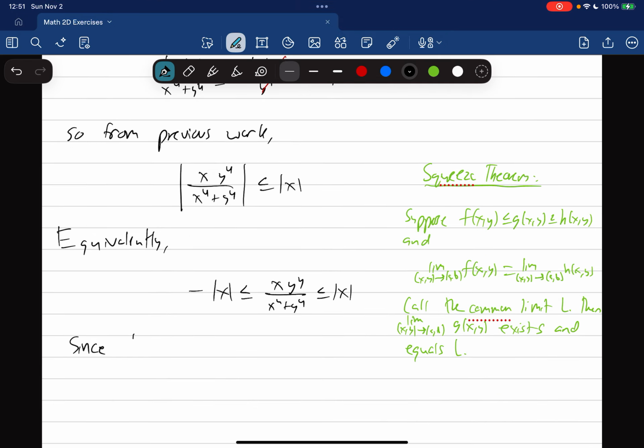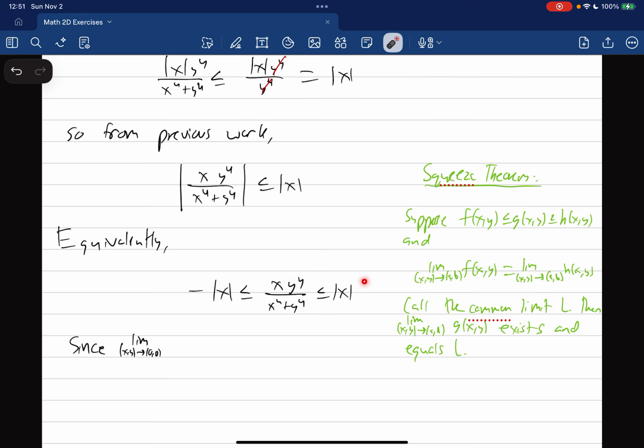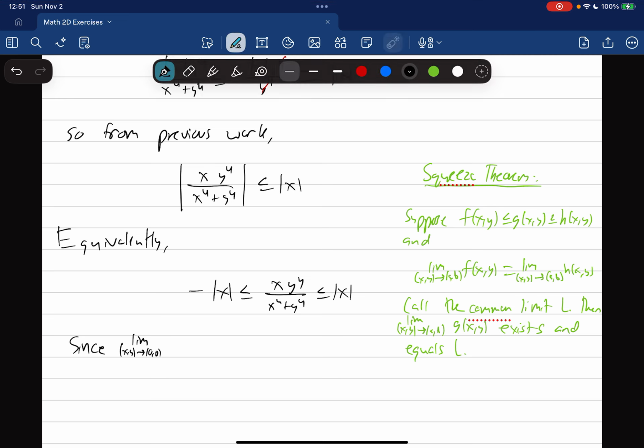And we can notice that the limits of the left side and the right side are both 0 as our point xy goes to 0, 0.